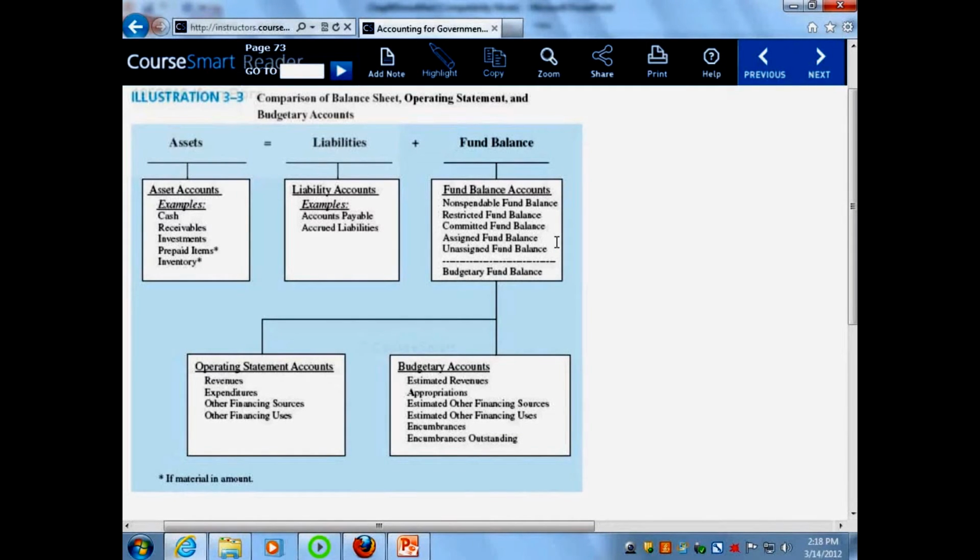For the time being, don't be concerned about the different categories of fund balance. Assets equal liabilities plus fund balance. Everybody got that, right? Till last week we had only looked at this, but now we're also looking at the budgetary accounts: estimated revenues, appropriations, other financing sources. We'll talk about encumbrances now.